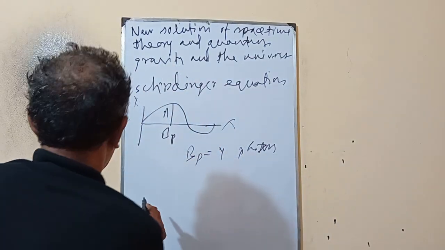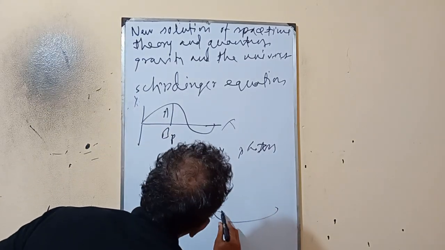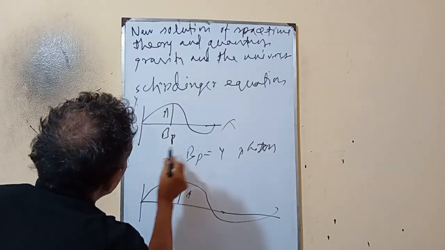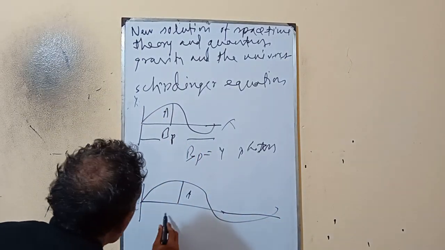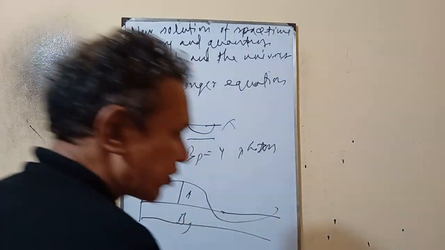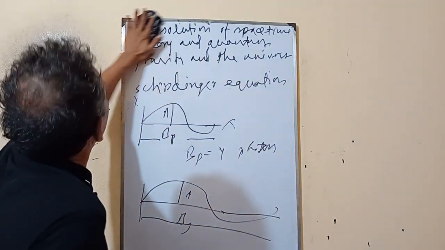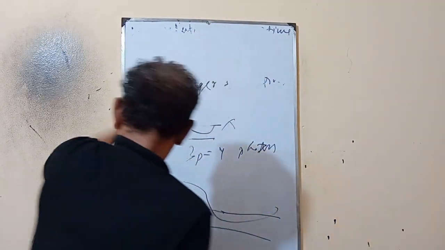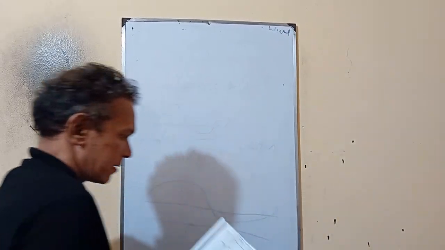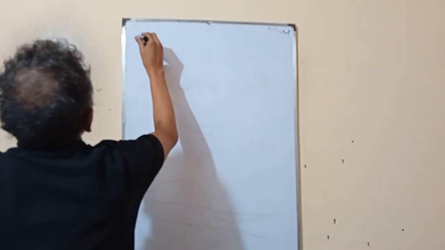And B is equal to graviton particles, and there is the interaction. Okay, there is the interaction between photon particles and graviton particles. Now, for this interaction, suppose Schrodinger equation, what?